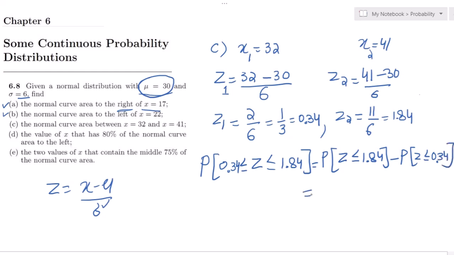So these are the two values, and we have to find them out by using the z distribution table. This is basically z2, this is basically z1.